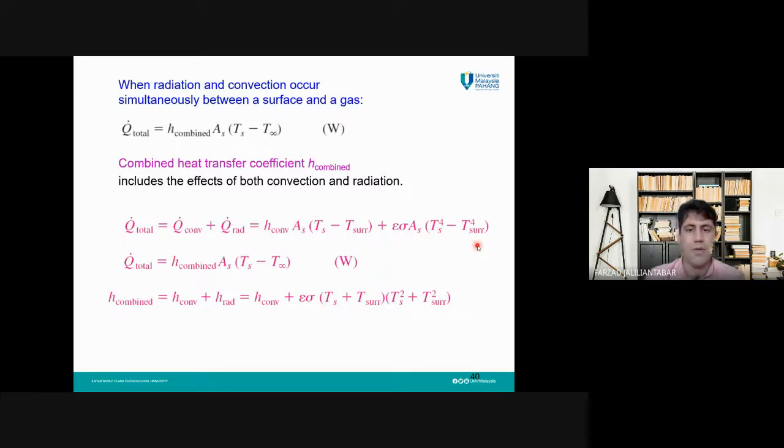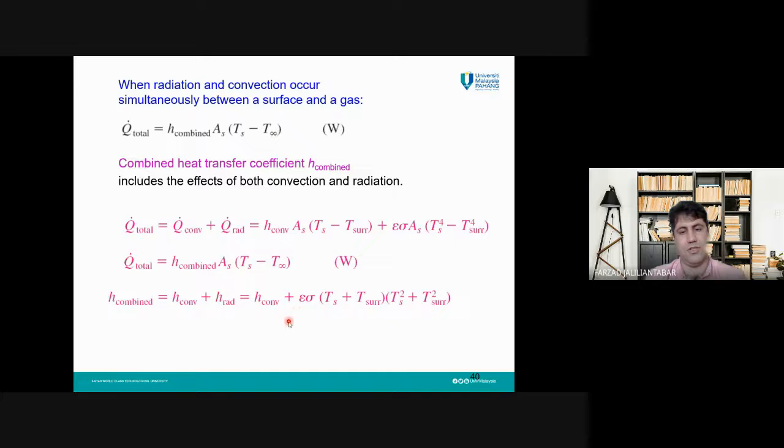Then if we combine these two and just keep this AS, TS minus T infinity, and define H combined like this. H combined is equal to H convection plus H radiation.